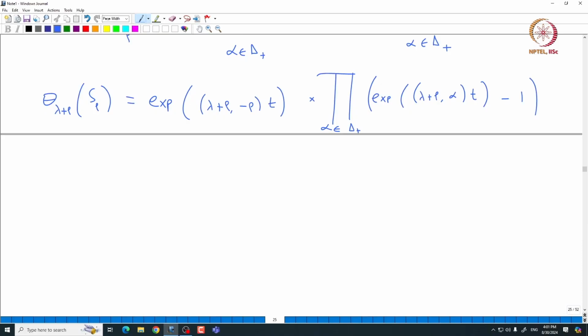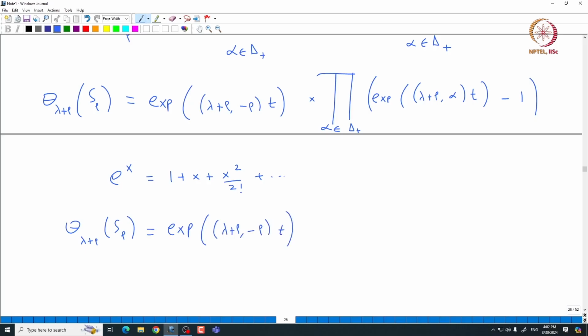So, now if we use this expression for the exponential, so e power x is nothing but 1 plus x plus x square by 2 factorial plus etc. If we use this, then you can rewrite theta lambda plus rho of S rho as this exponential of (lambda plus rho, minus rho) t, times the product of e power x minus 1.